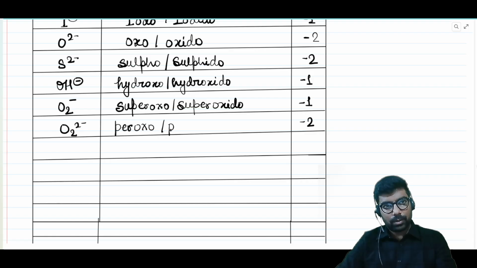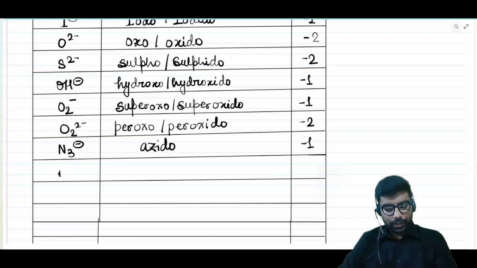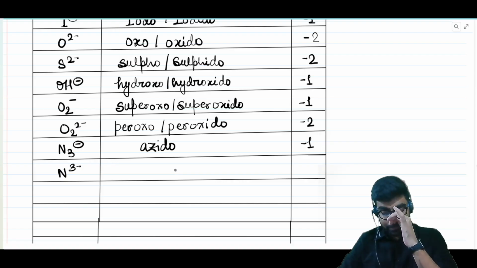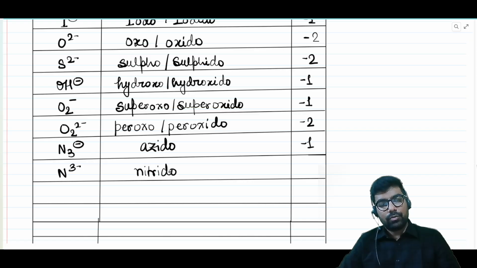Now, if we have N3 minus, we call it azido. The charge is -1. If we have N with a 3 minus charge, then we call it nitrido. Nitrido, the charge is -3.